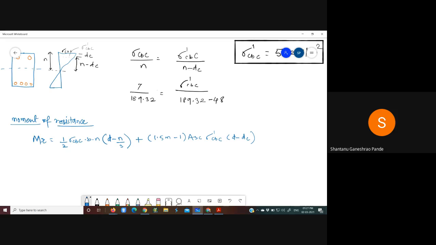Now, as we are getting an over-reinforced section, we are considering the compression force for calculating the moment of resistance.